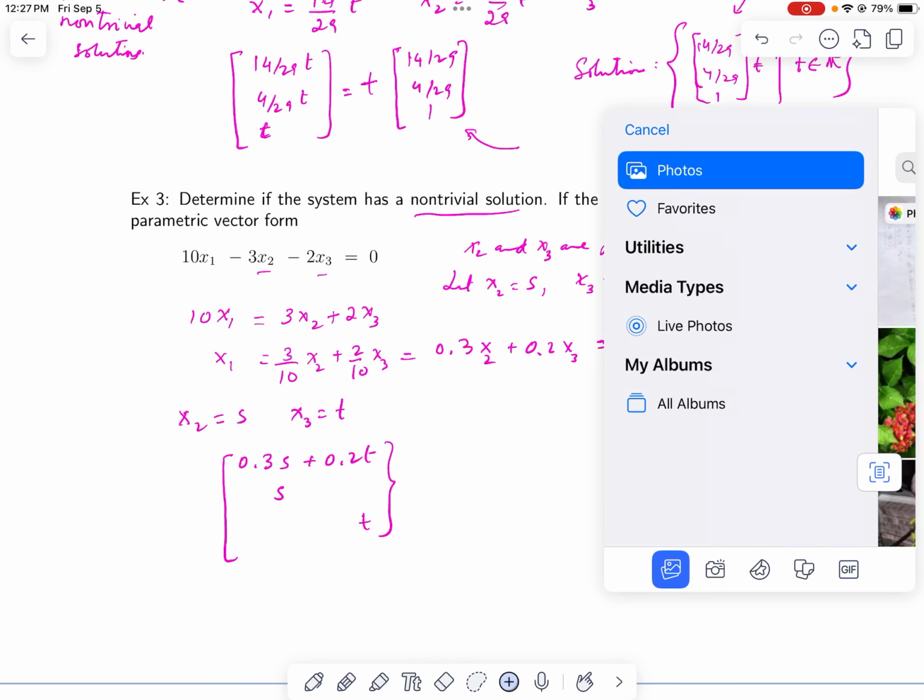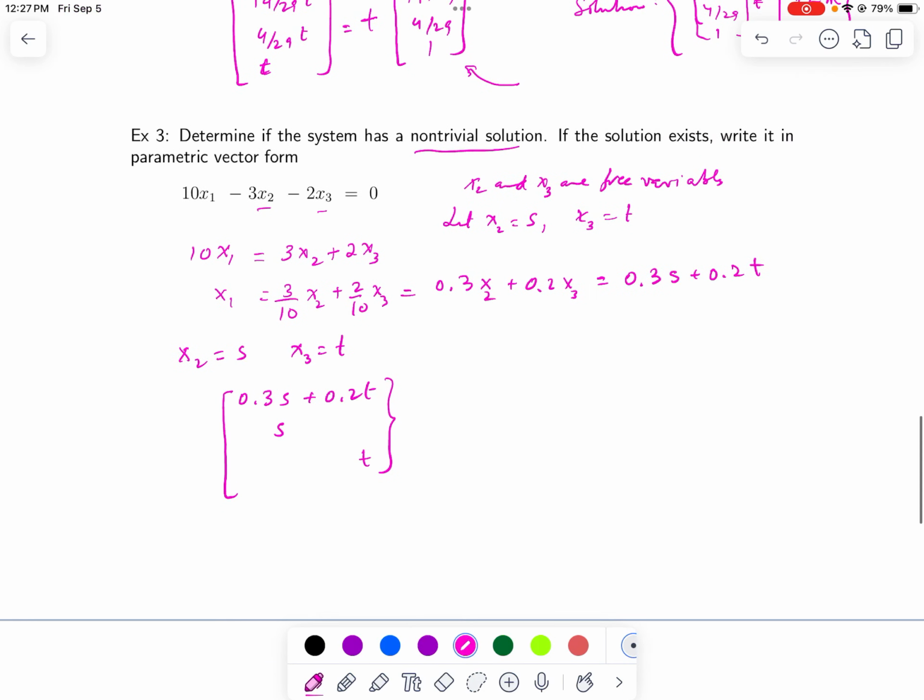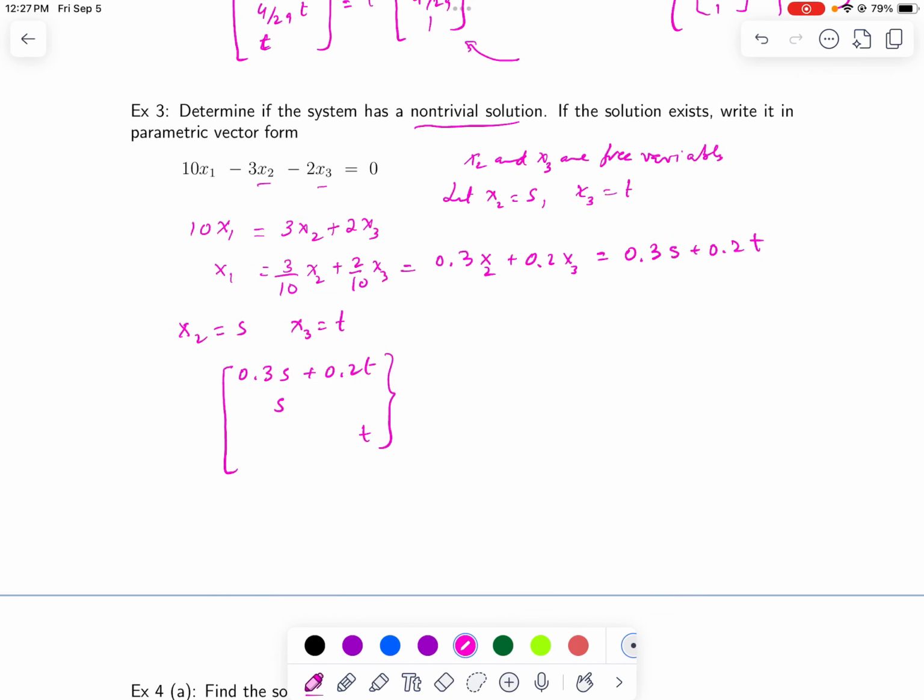Note here I wrote the x2 and the s and t under s and t in the first place, so that I can show you that we can write it as s plus 0t, and this can be written as 0s plus t, so that this is actually a sum of two vectors. So you can have 0.3 s and 0 into s, which is 0, plus now 0.2 t plus 0 and then t.